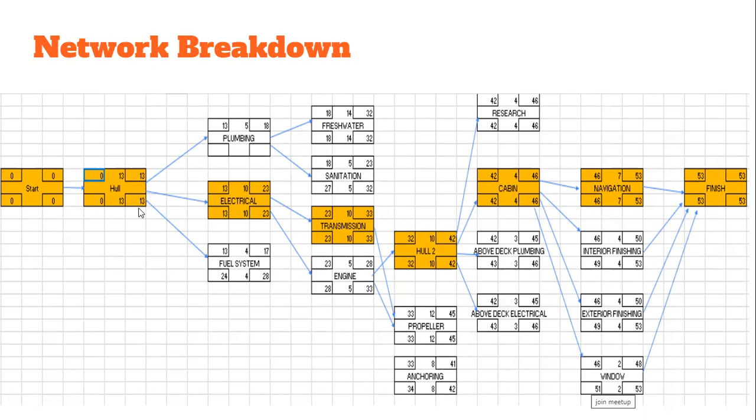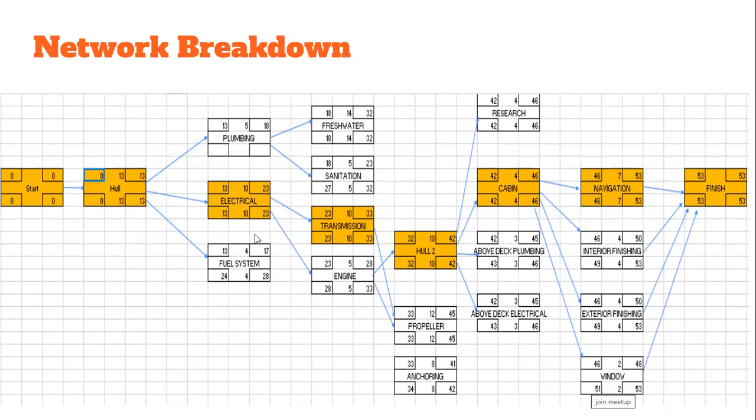The backward pass was executed by taking the project end date and subtracting the duration of the last activity to obtain the activity's latest start. The latest start served as the prior activity's latest finish, and the process of subtracting the duration was repeated until the entire network contained a latest start and finish date.